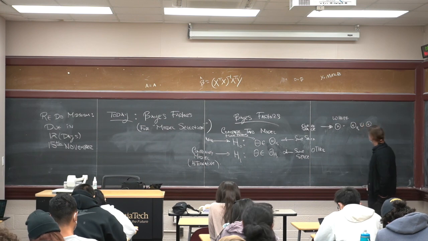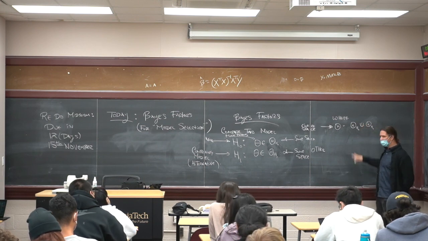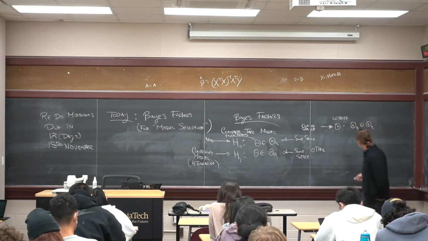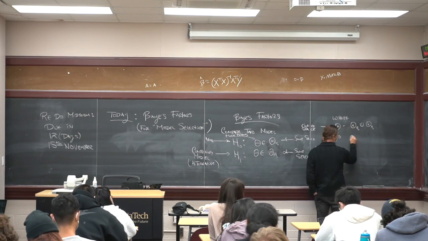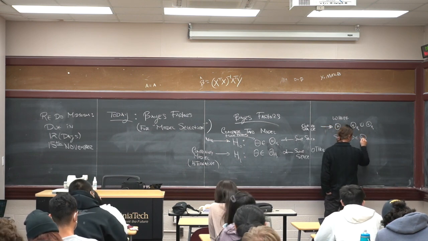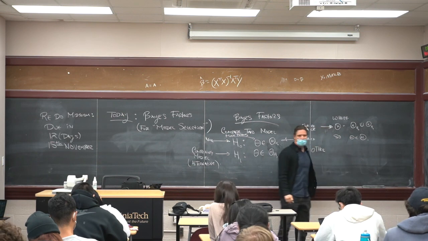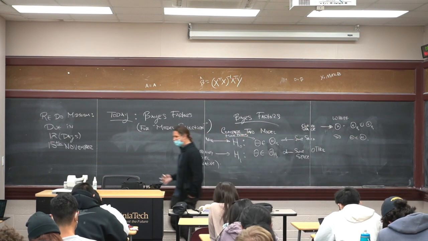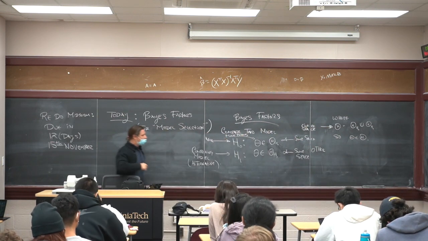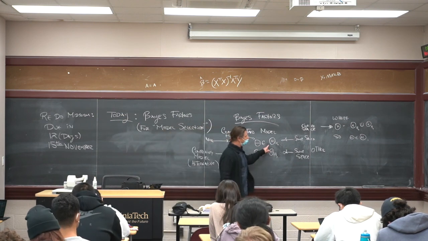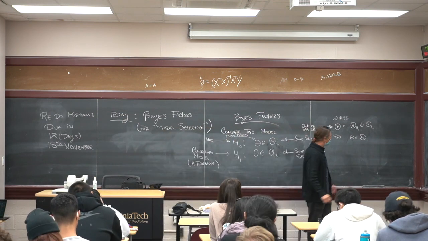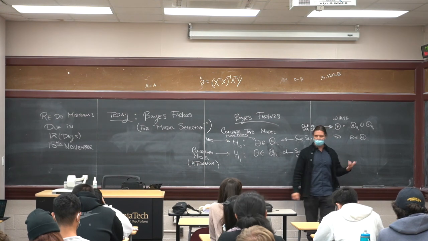Union. So maybe these are sets or something like that. So theta lives in this space. So that's the domain for theta itself. The valid areas where theta can live, and I'm breaking it up into these two things. So I union these two things together and it's the entire space.